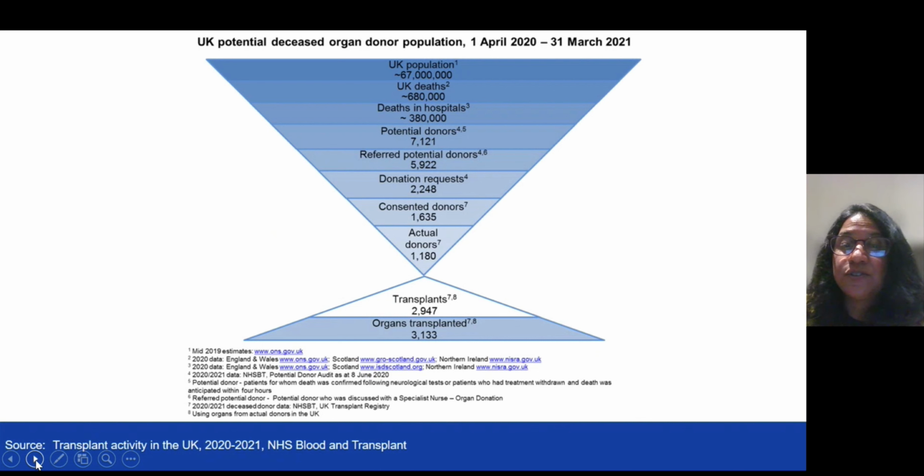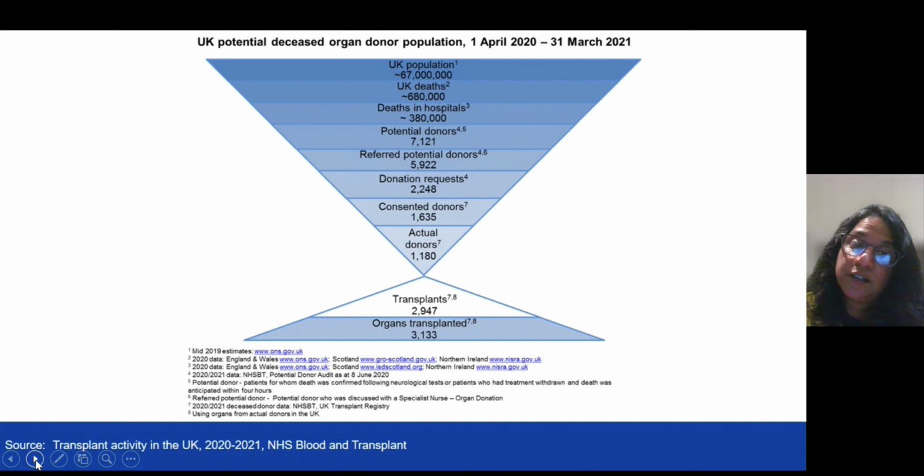Of these, about 5,922 donors were actually referred to the NHS Blood and Transplant service. Donation requests were made to 2,248. There's a sharp drop here because once patients have been referred, the service may decline patients because of comorbidities or actually the impossibility of proceeding with donation.